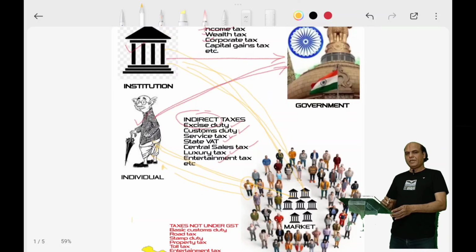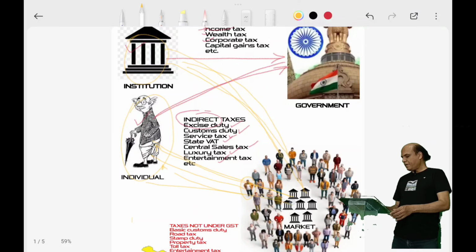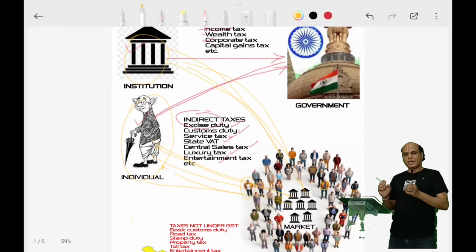So in case of indirect taxes, an individual or an institution collects tax from individuals or institutions in the market whenever they sell goods or offer services, or whenever they purchase goods or consume services. They either pay taxes or they collect taxes.